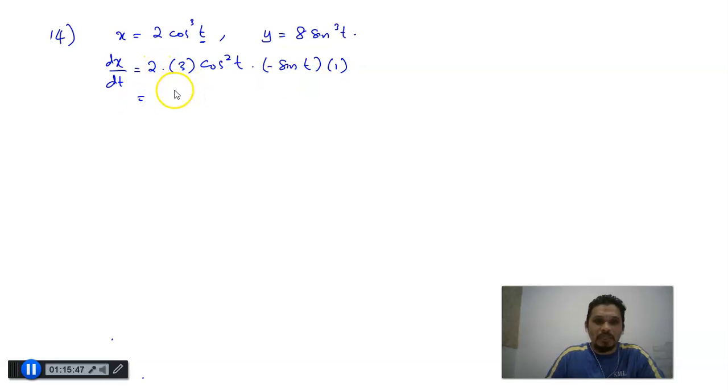So 2 times 3 equals 6 cos squared t, with negative sine t.